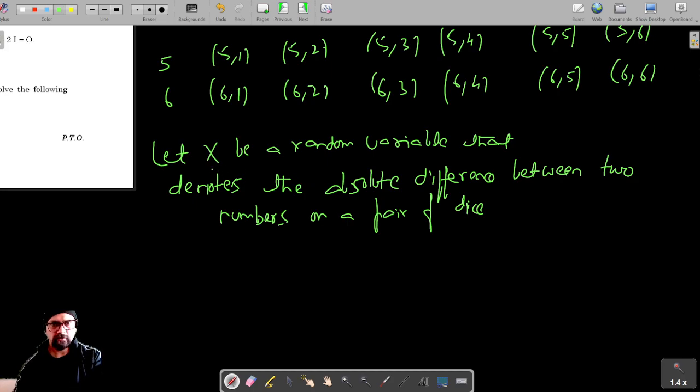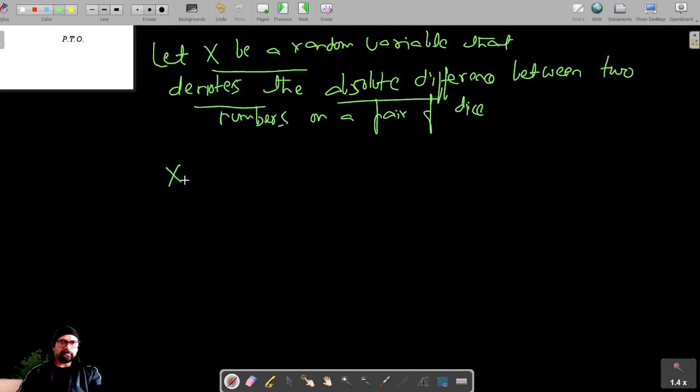So x is a random variable that denotes the absolute difference between two numbers on a pair of dice, and x can take the values 0, 1, 2, 3, 4, and 5. So let's find out the respective probabilities.